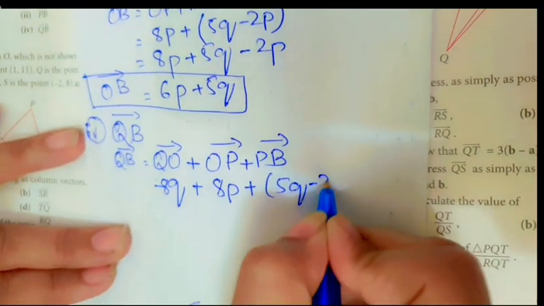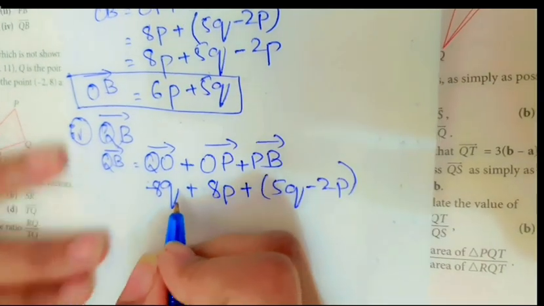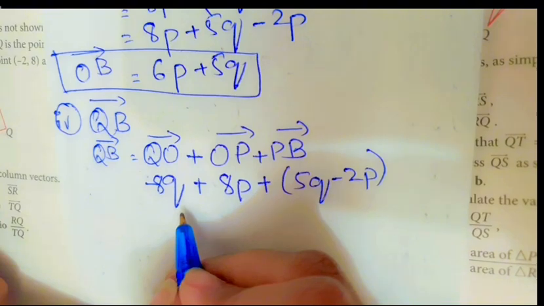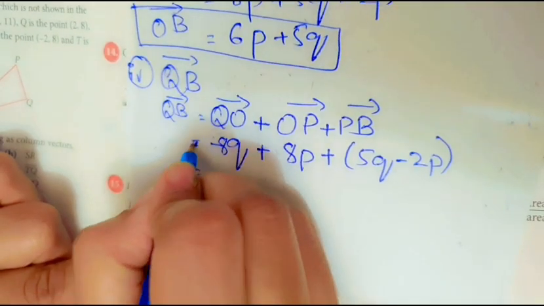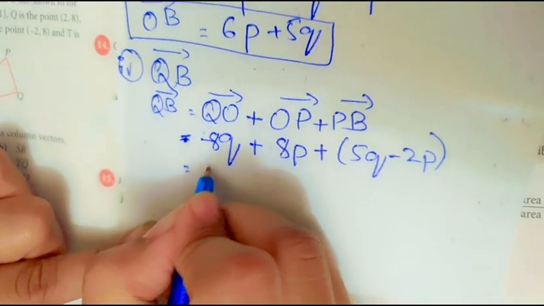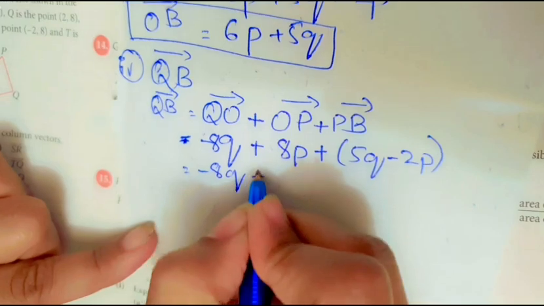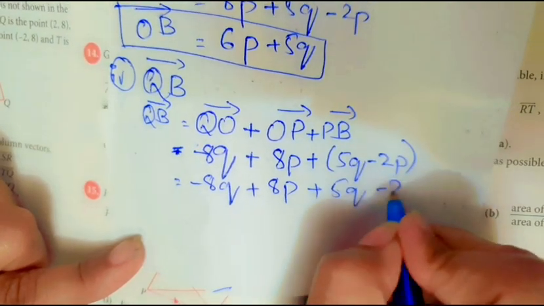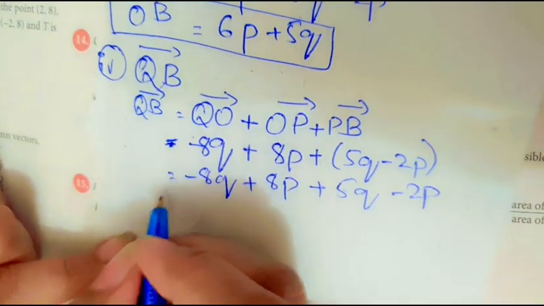What we have learned in vectors, if we find the value of any part, we use that information in another part. Okay, now simply open the bracket with me. Minus 8Q plus 8P plus 5Q and minus 2P, because plus minus is minus.